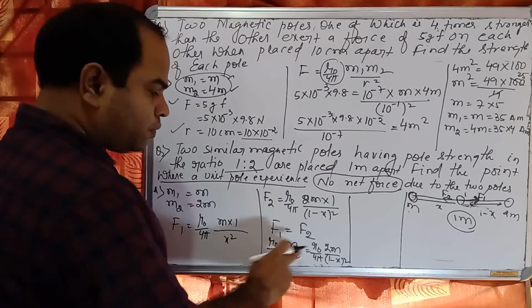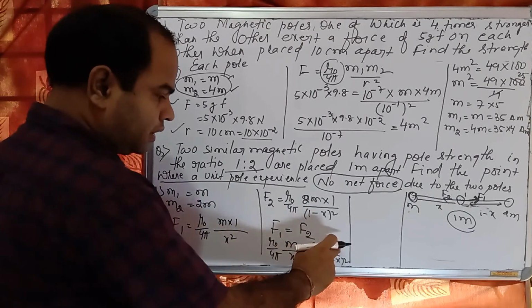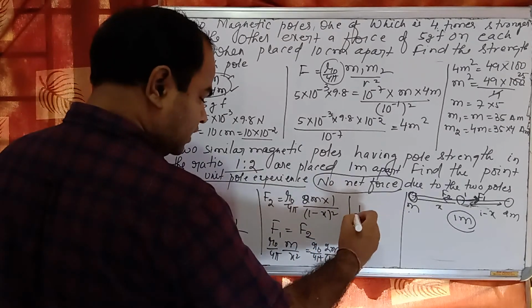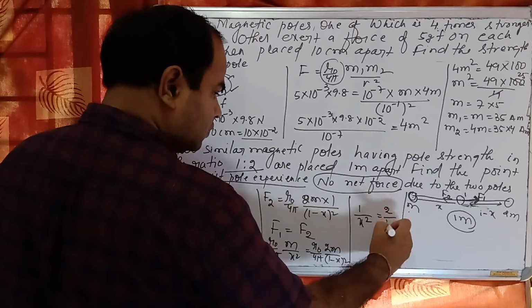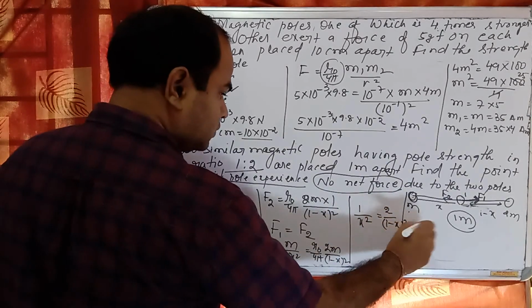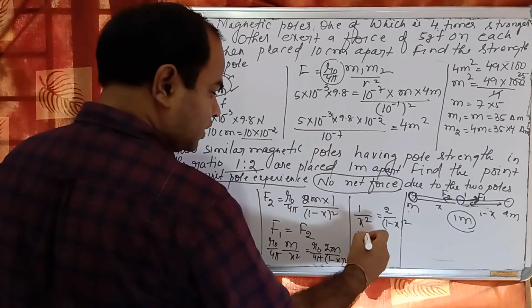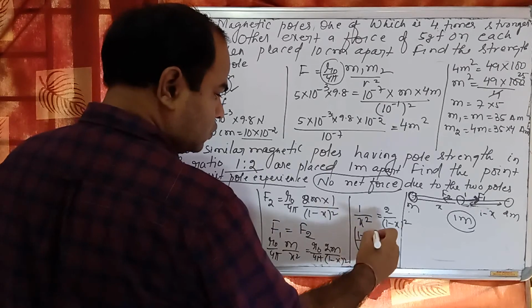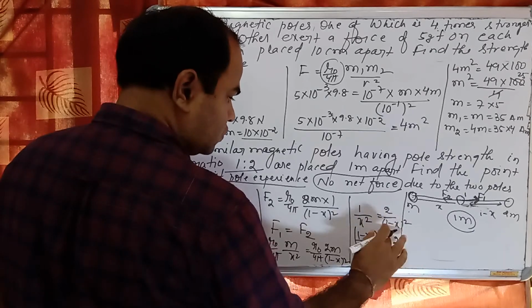So mu naught by 4 pi cancels, m cancels, so what remains is 1 by x square equal to 2 by (1 minus x) whole square. Okay. Or I can say that (1 minus x by x) whole square is equal to 2.